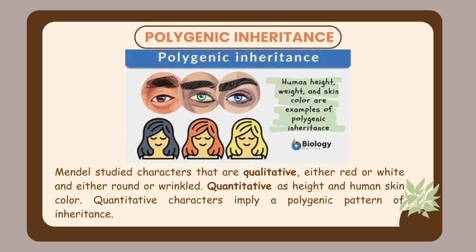As you can see on our screen, human height, weight, and skin color are examples of polygenic inheritance. So are the color of your hair, the darkness of your eyebrows, the color of your eyes, the thickness of your eyebrows and lashes, and the skin type that you have. So, that's it.